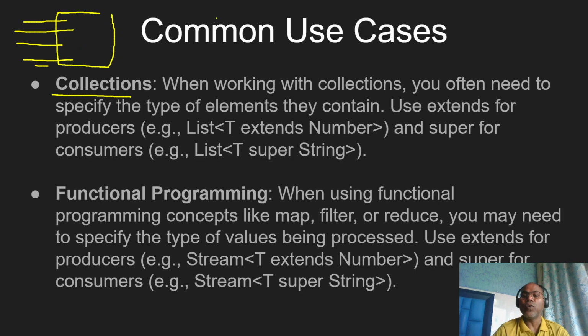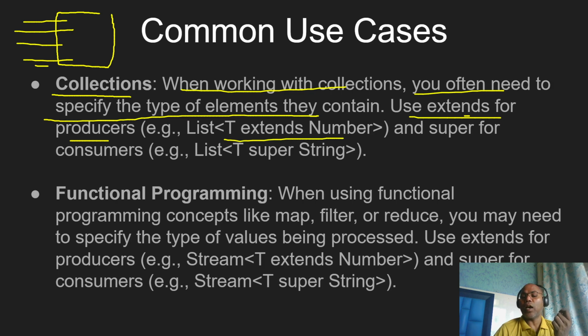So in this scenario, whenever you are working with a collection, you often need to specify the types of elements it contains. And here you can use the PECS principle. Use extends for the producer, like T extends Number, and super for the consumer, like T super P. So how do you decide? Whether the collection is producing the value or consuming the value.